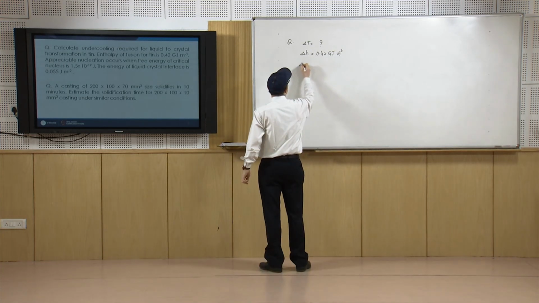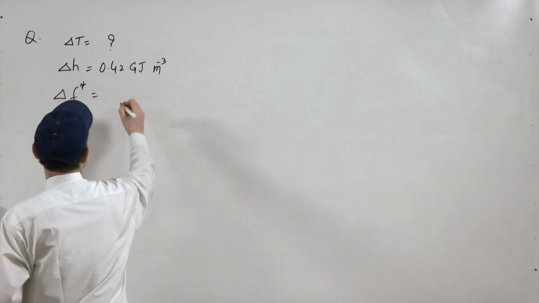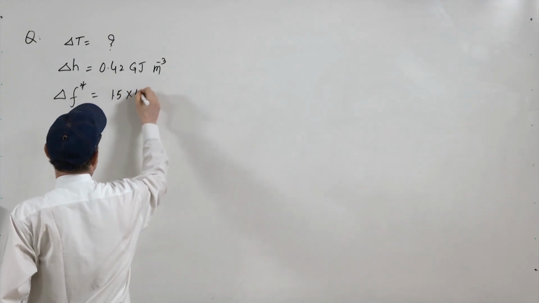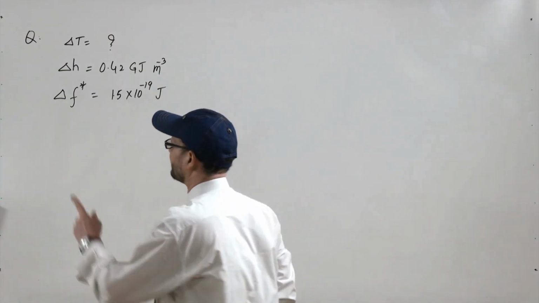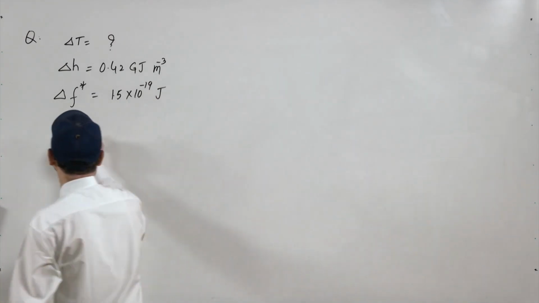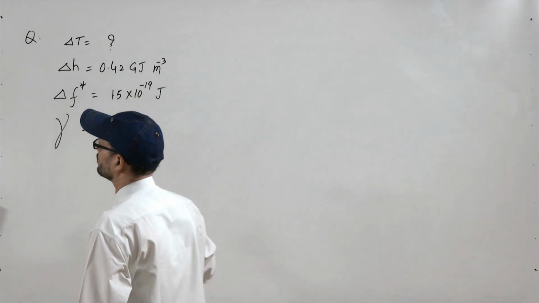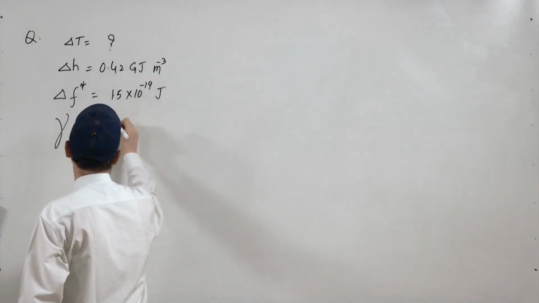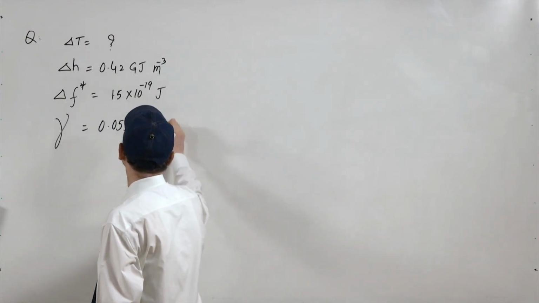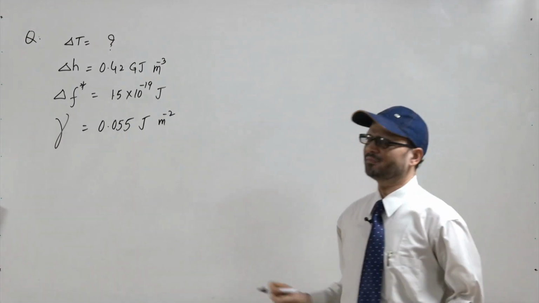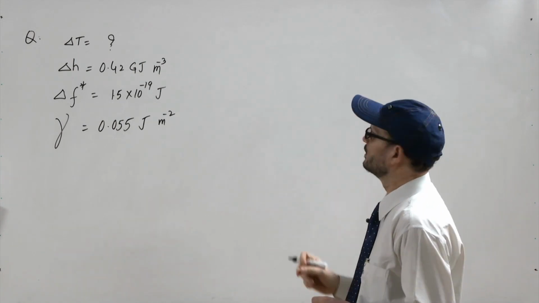So, delta F star is given as 1.5 into 10 raised to the power minus 19 joule, and the energy of liquid crystal interface, that is surface energy, is given as 0.055 joule per meter square. So, we have been given this data and we have to find the undercooling.